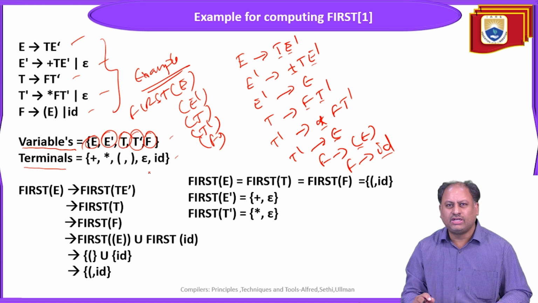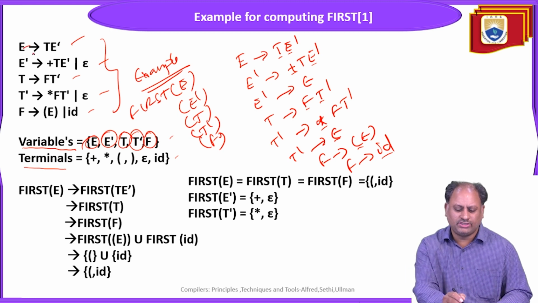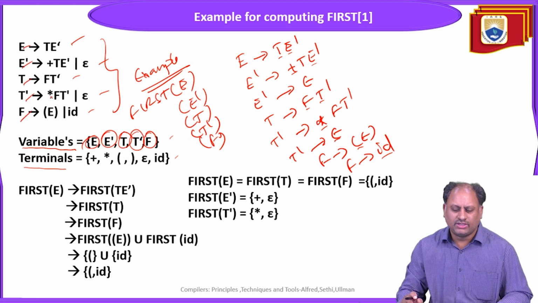Generally the computations are applied for the left side non-terminals given in the grammar. If we observe E, E dash, T, T dash, F, these are considered as the left hand side non-terminals of each production.